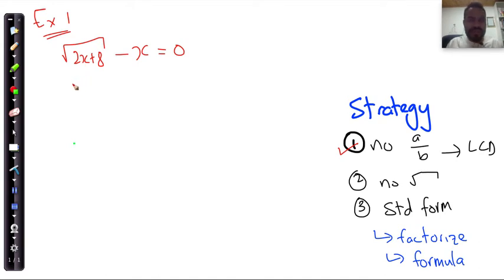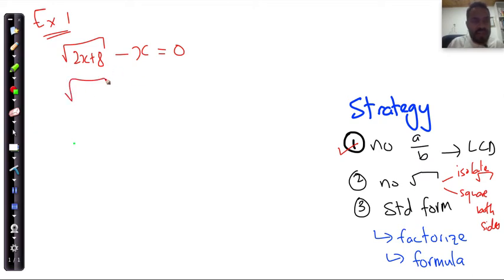According to the strategy, I've got to get rid of that root. But before I do that, I need to isolate the root. In other words, I need to have the root on its own. And then I've got to square both sides. So how do I do that? Let's isolate the root.